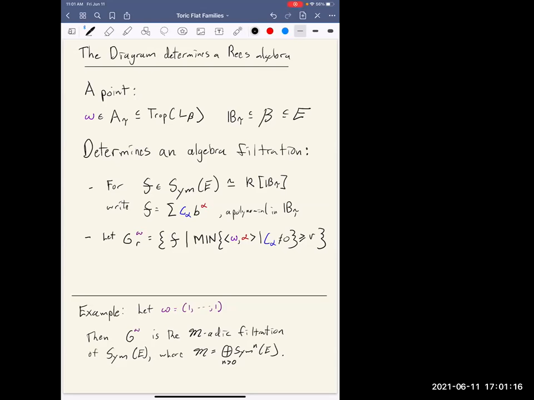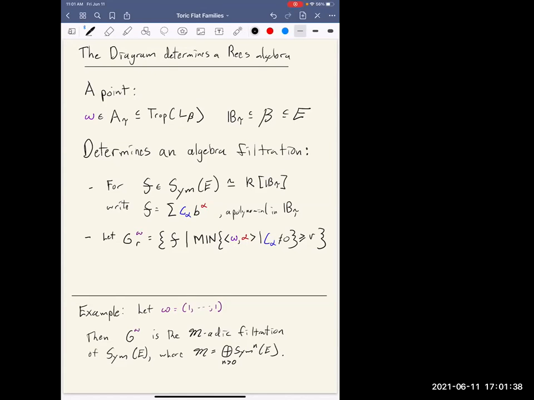So if you have this point, this purple point omega, and you have an element f in your Sym algebra, you think of your Sym algebra as a polynomial ring in your basis, and that gives you specific monomials which appear in the expression for your element f.